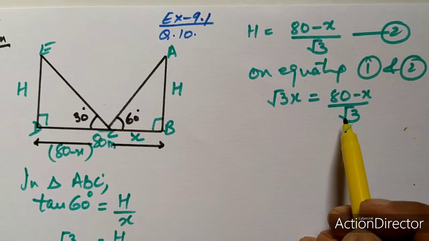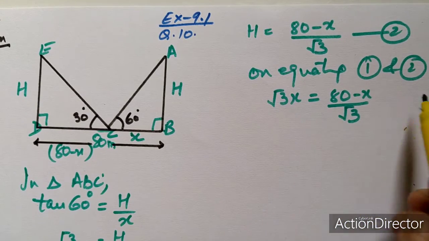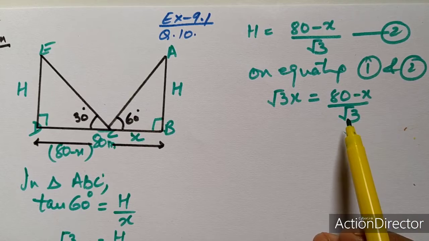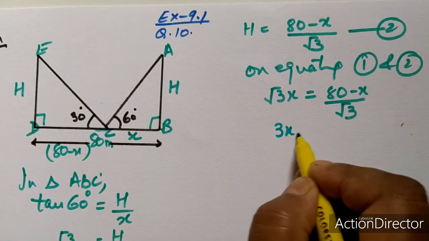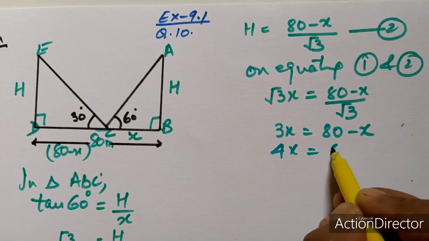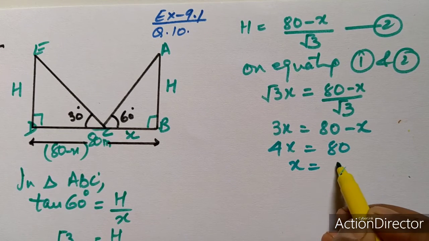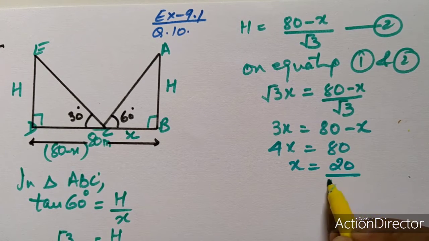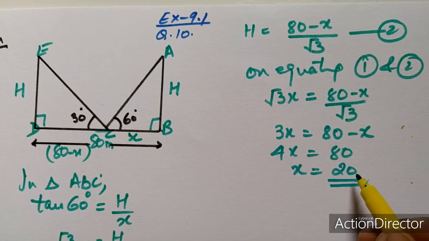So on equating them we are getting root 3x is equal to 80 minus x upon root 3. Solve it, you will get 3x equal to 80 minus x. So that 4x is equal to 80, hence x is equal to 20. 80 divided by 4, that means 20.